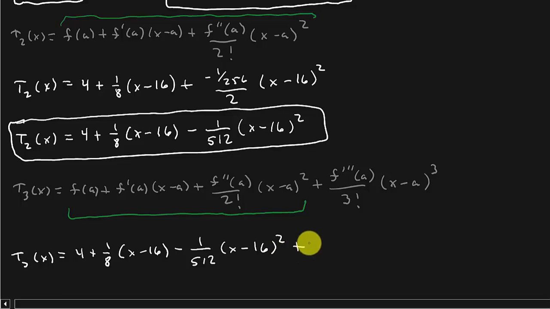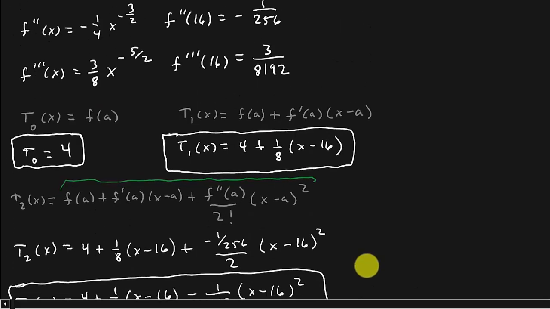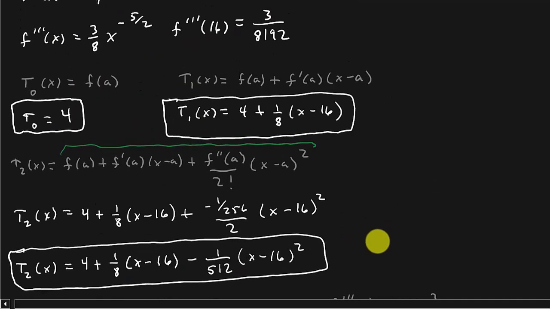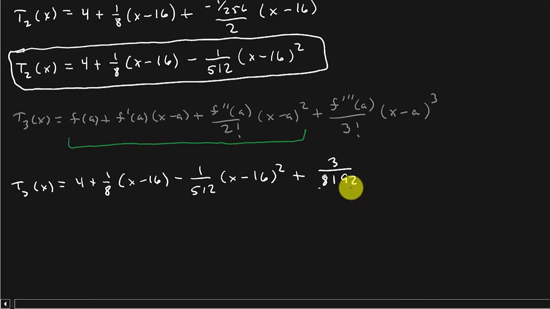Plus, and now I need to plug this in, f triple prime of a, that is 3 over 8192, over 3 factorial, and 3 factorial is 6, times x minus 16 cubed.